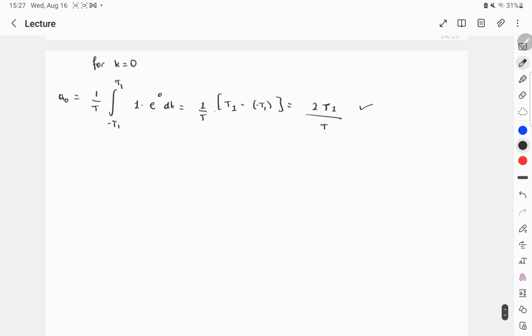If, however, k is not equal to 0, then what will we have?